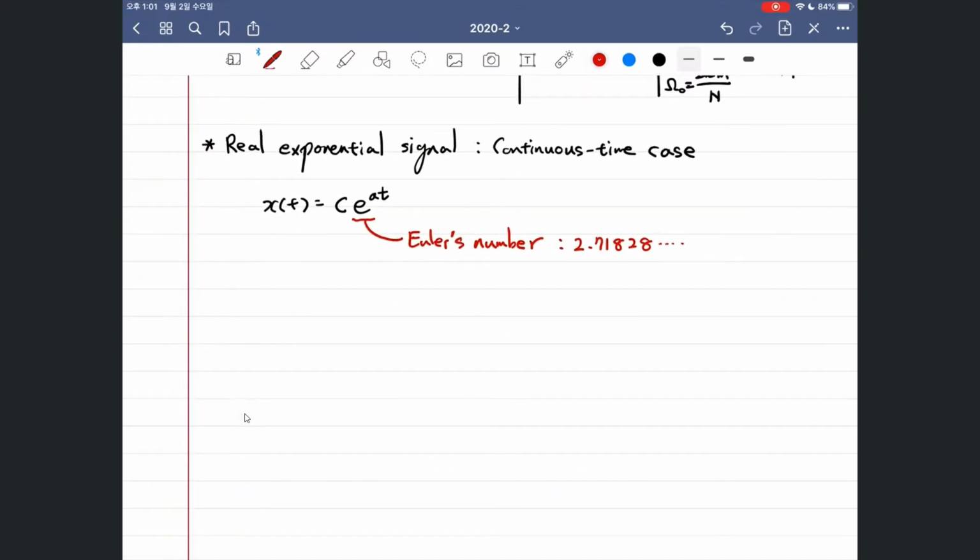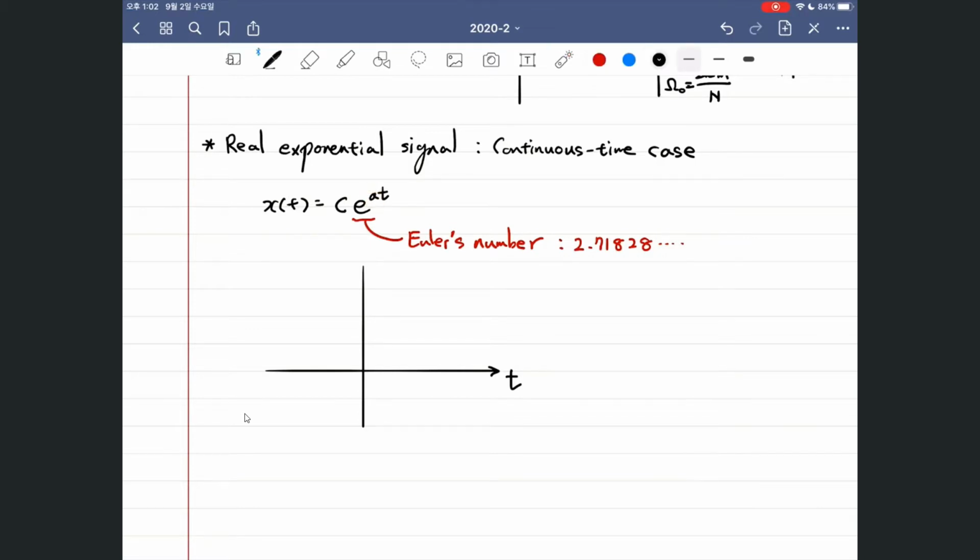And if we plot this equation in the xy plane, with x as the time value, then depending on the value of a, the shape changes.